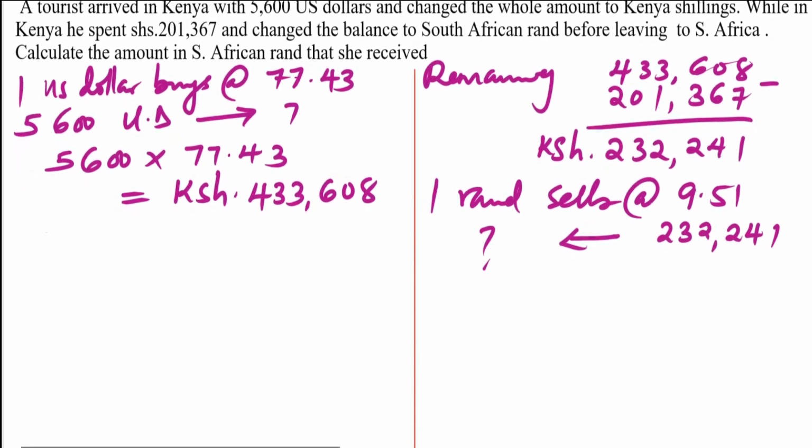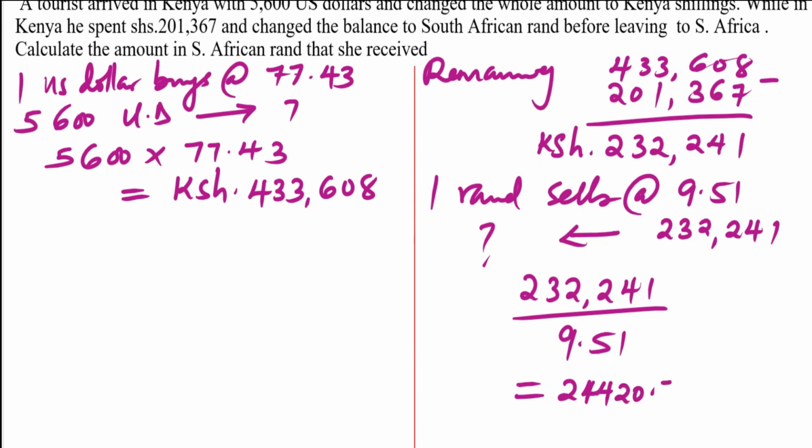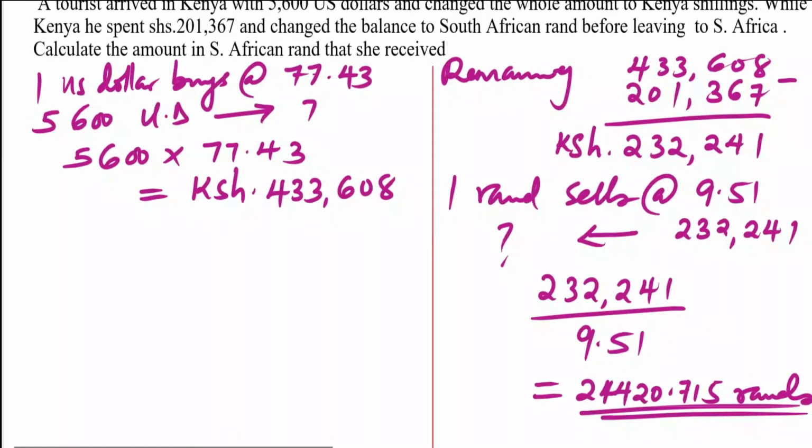So to get these, we shall divide 232,241 shillings by 9 shillings and 51 cents. So this gives the rands. So it gives 24,420.715 rands. So that is how you're supposed to work out that question.